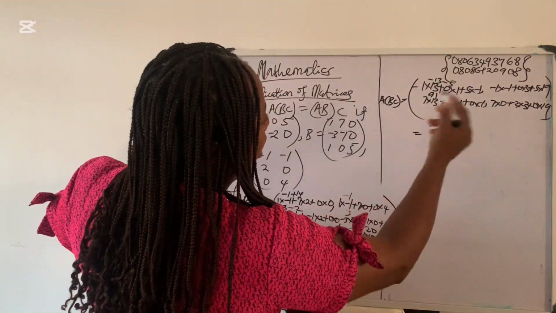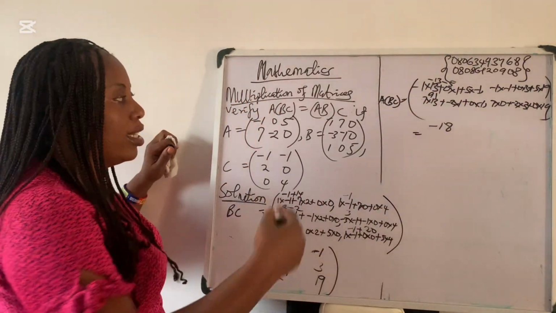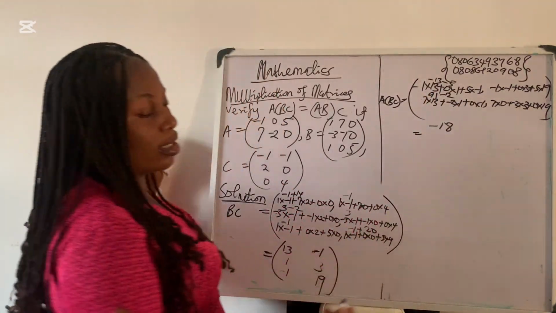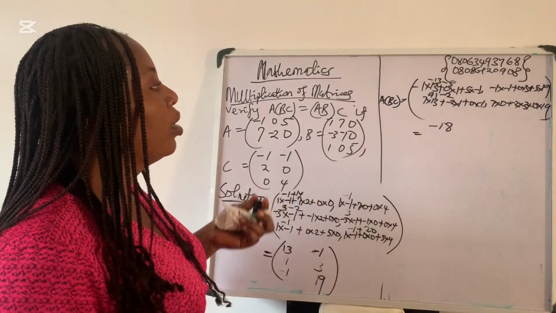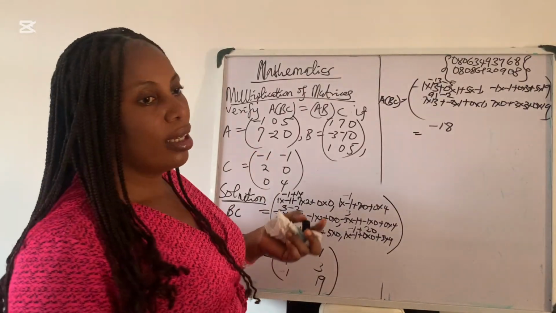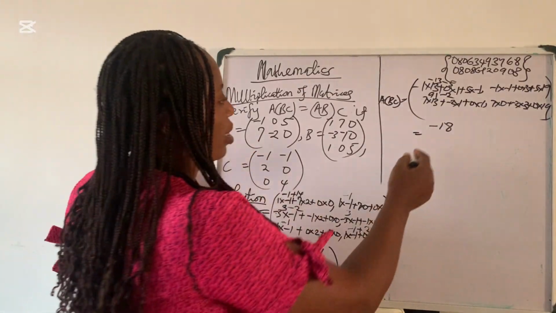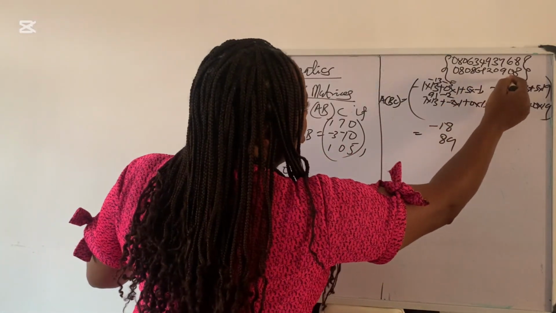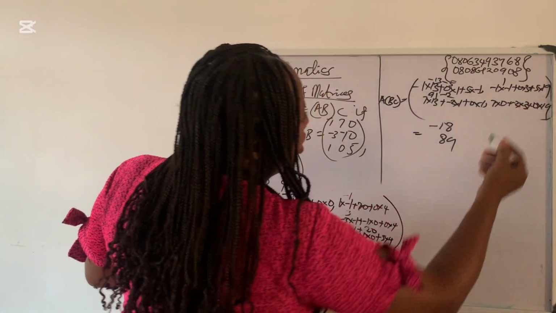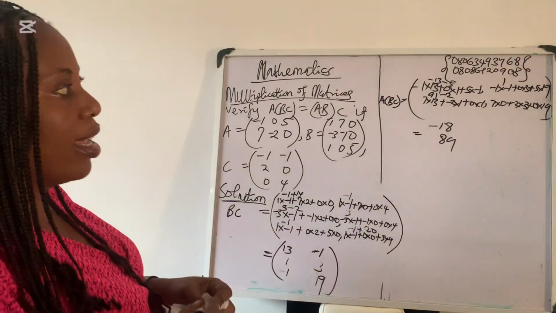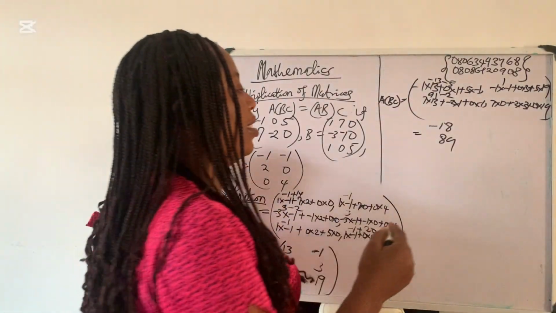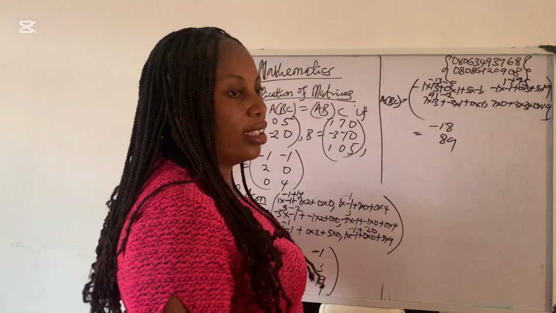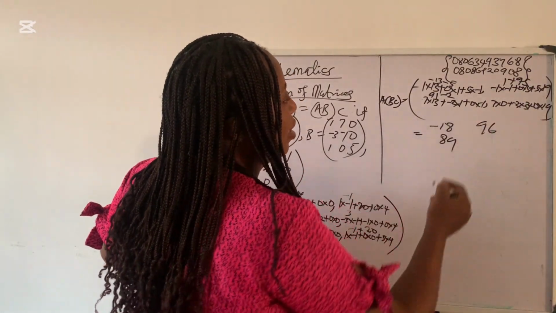Then minus 2 times 1 is minus 2. This is 0, because 0 times minus 1 is 0. 91 minus 2 is 89. Now minus 1 times minus 1 is plus 1. This is 0. 5 times 19 is 95. So 1 plus 95 will give us 96 here.